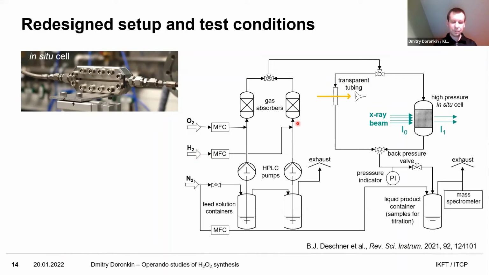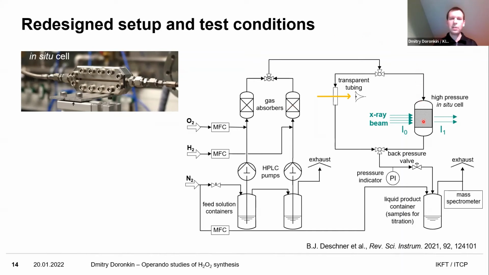They are dissolved each in the individual stream of a liquid solvent, in gas absorbers, which are simply stainless steel tubes packed with silicon carbide to help mixing the liquid and the gas.